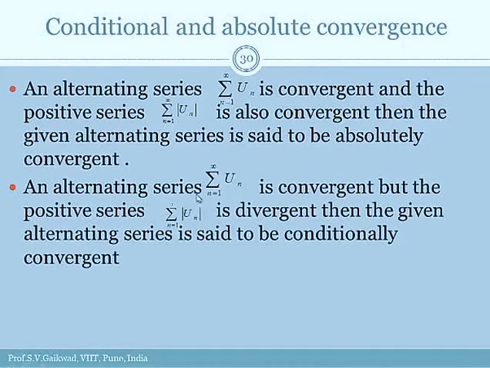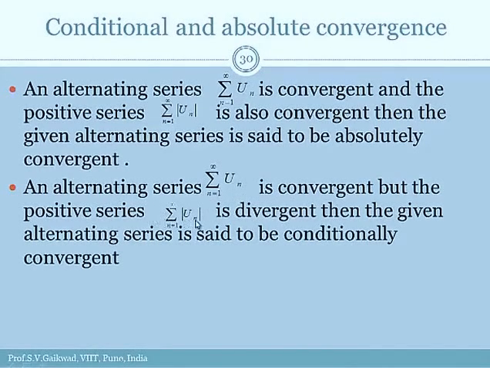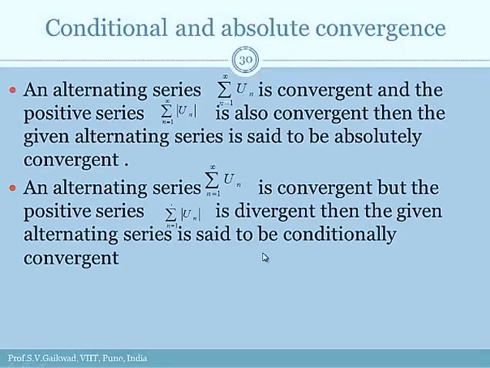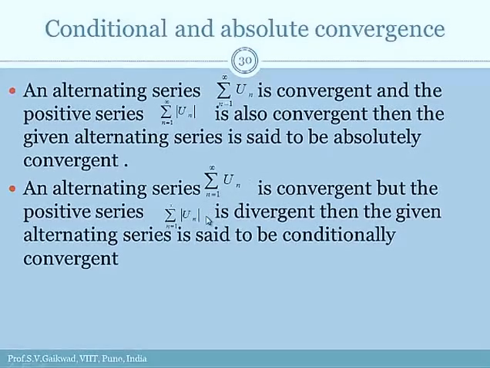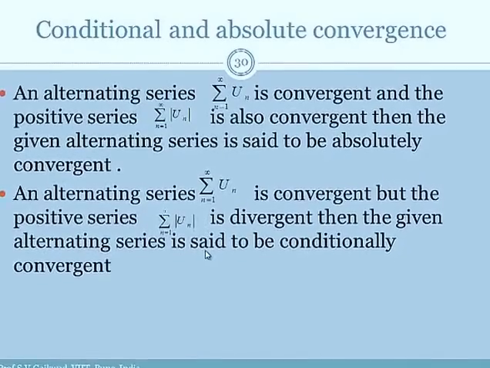And if the alternating series is convergent but its positive series, sigma mod un, is divergent, then the given alternating series is said to be conditionally convergent. So in both cases the alternating series is convergent. If the positive series is convergent, the given series is absolutely convergent, and if the positive series is divergent, the given series is conditionally convergent.